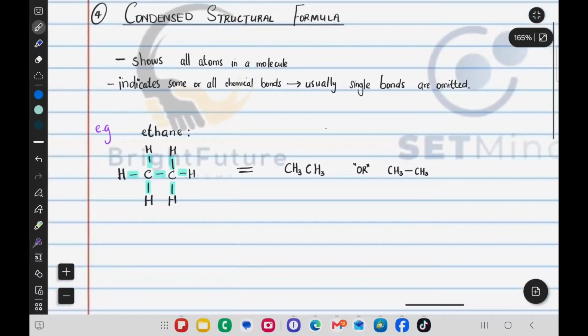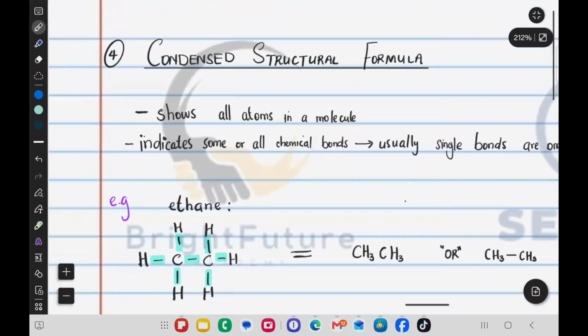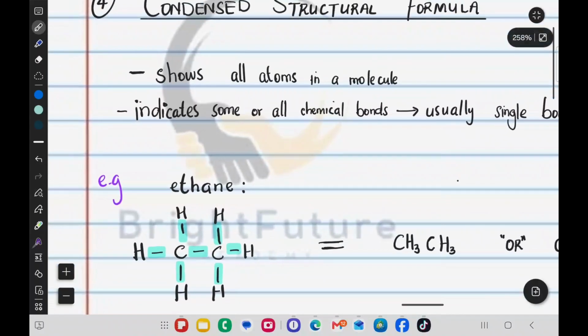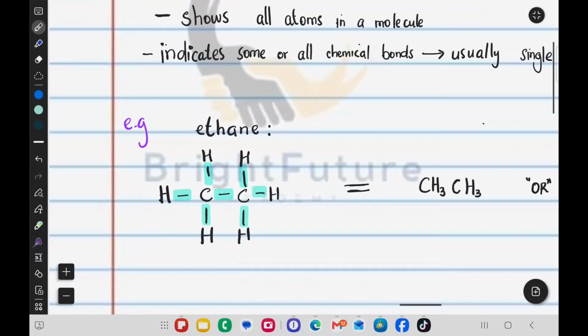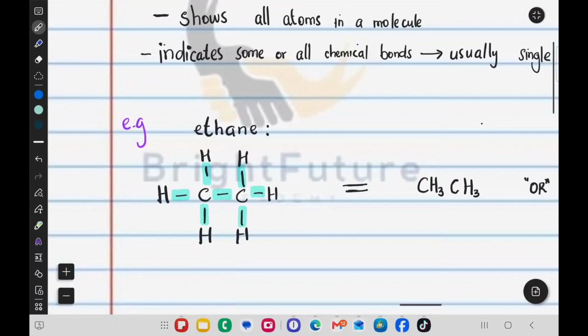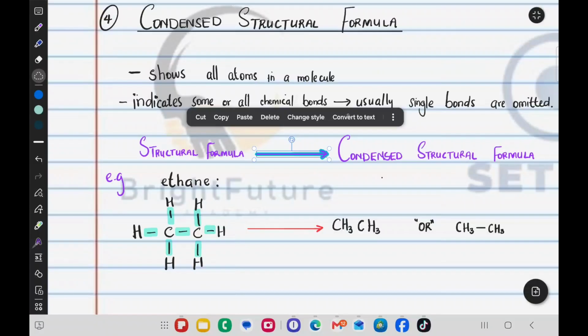So we can say, I will label it structural formula and then condensed structural formula, like a table. All right, so what we're saying is we're taking the structural formula and turning it into a condensed structural formula, because the condensed structural formula literally comes from the structural formula.